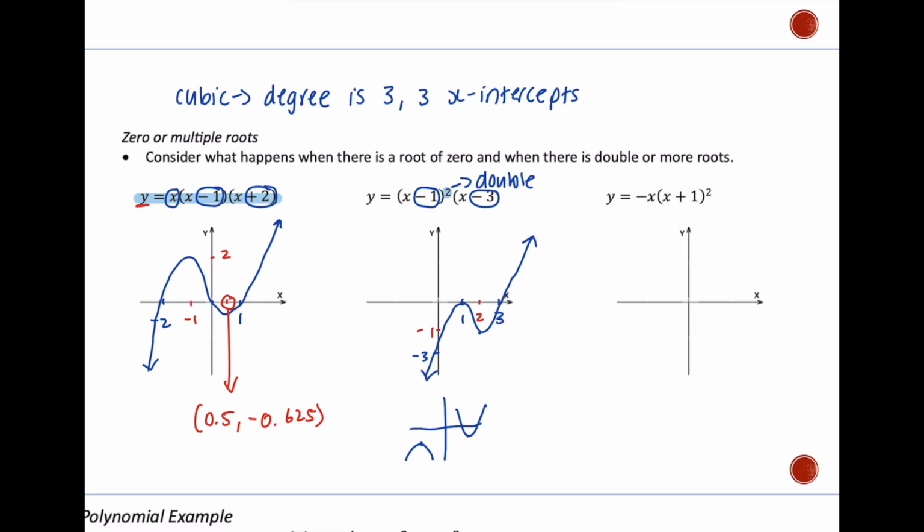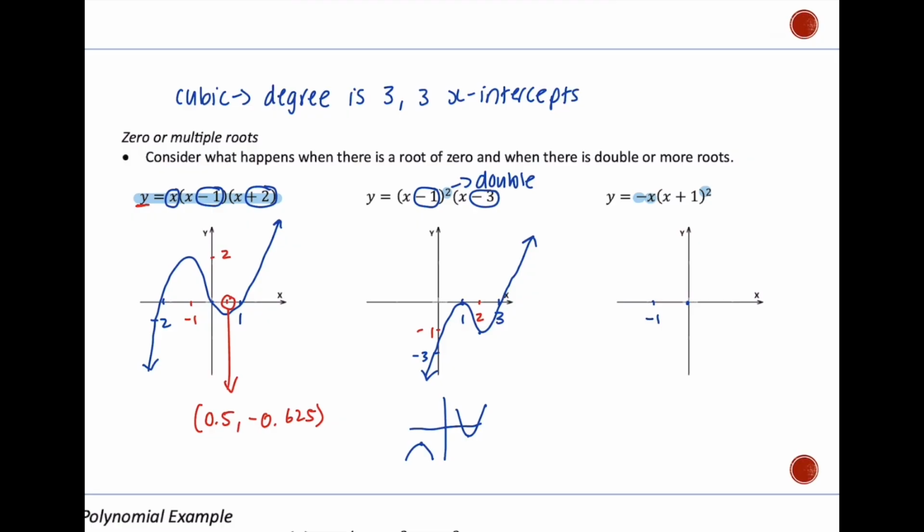My last one has another double root, and I also have x equals 0, and then I also have it in the negative direction. So here I have 2 intercepts: one at 0, and another one at -1. However, I know that the intercept at -1 is going to resemble a vertex because it's a double root.